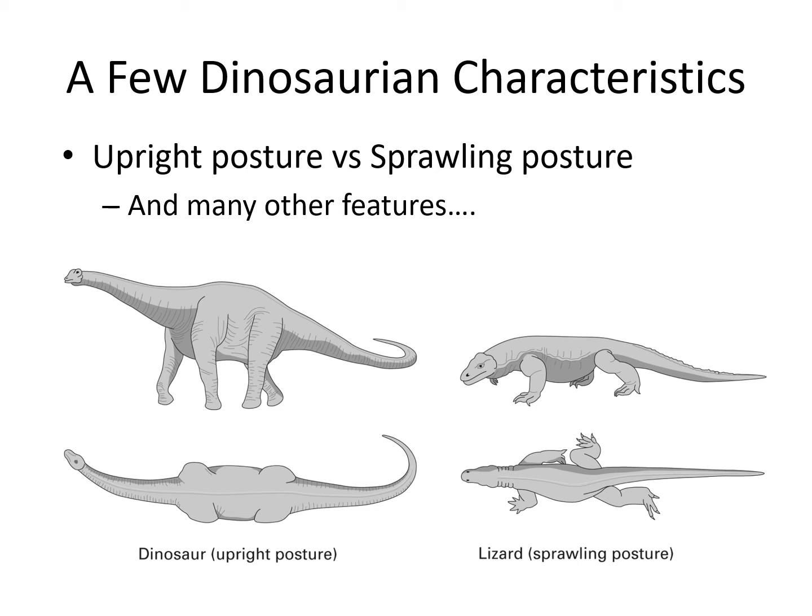So notice when we look at the dinosaur in the image, you're seeing a side view and also an arrow view looking down. The legs are underneath the body. Well, if we look at our Komodo dragon there on the right, the legs are sprawled out. So that's a reptile characteristic. Our crocodiles do that, our lizards do that. Dinosaurs held their limbs directly under the body, just like modern day birds.